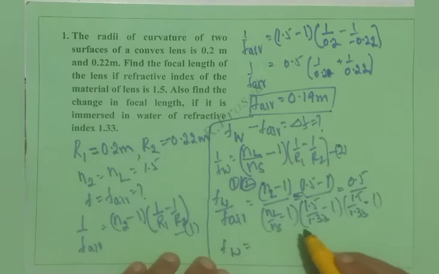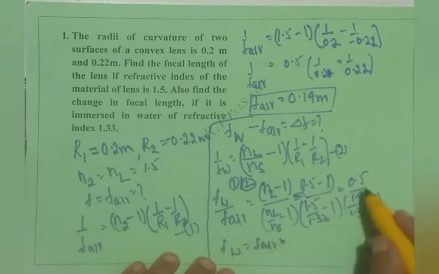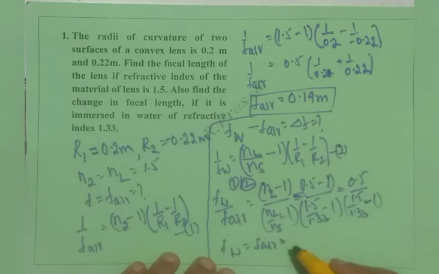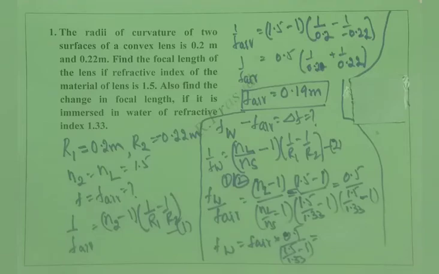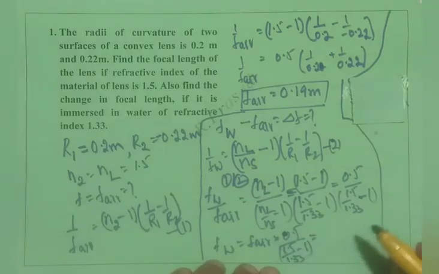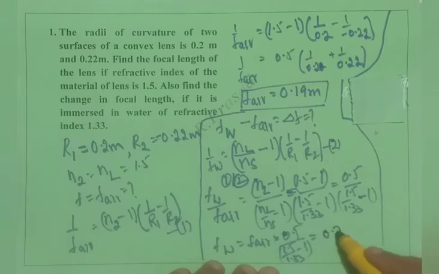Therefore, we have Fw equals F air into 0.5 by (1.5 by 1.33 minus 1), which after the final calculation will result in 0.74.